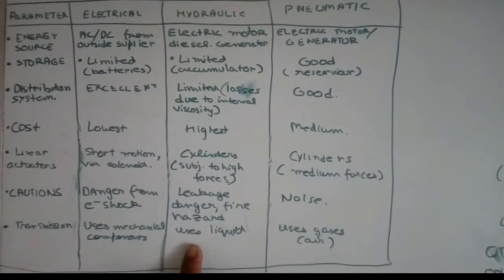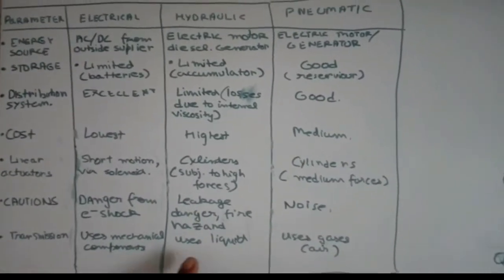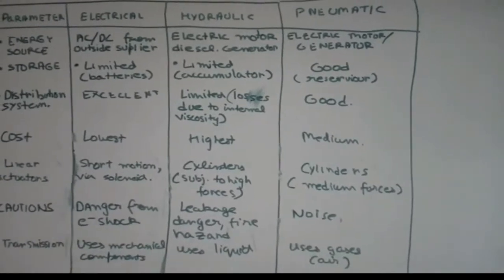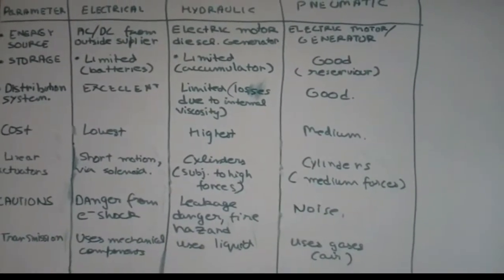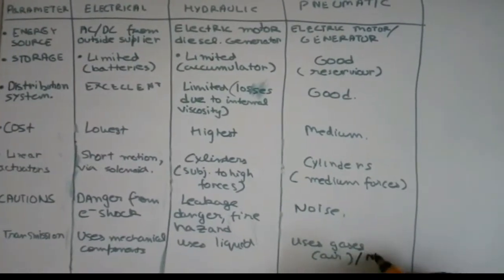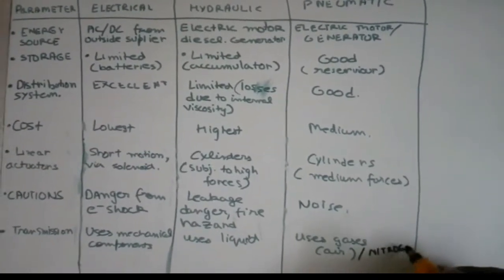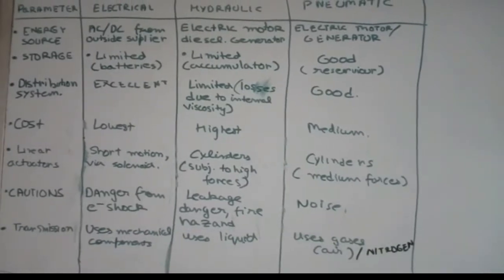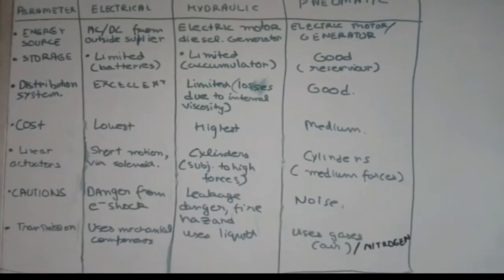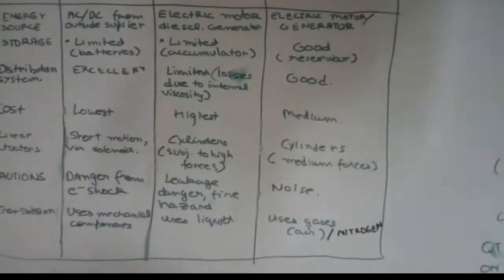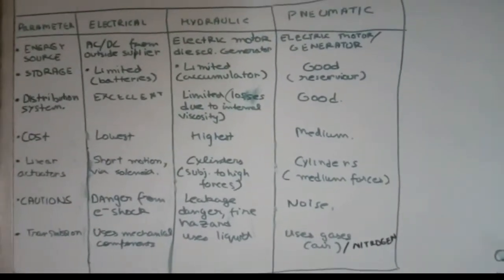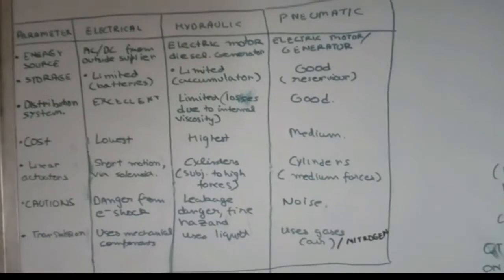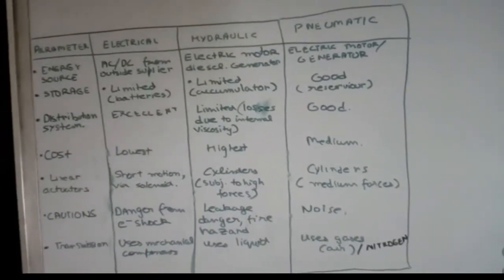So oils are used in hydraulics, and using gases we obtain air, or nitrogen is also common. If it is not air, then maybe nitrogen, but air is most common. Nitrogen is also common in advanced pneumatics.